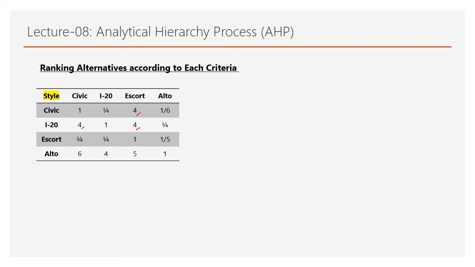And the Alto is strongly scored, 6 over Civic, 4 over i20, and 5 over Ascot, using the same scale of score values that we used before.